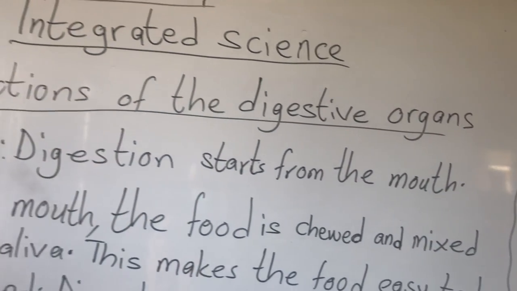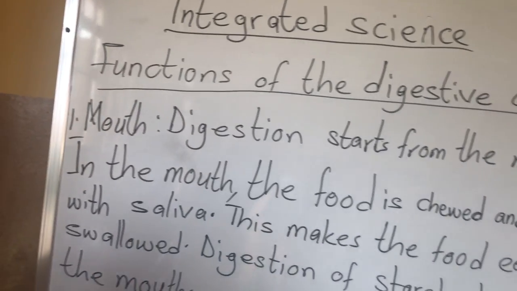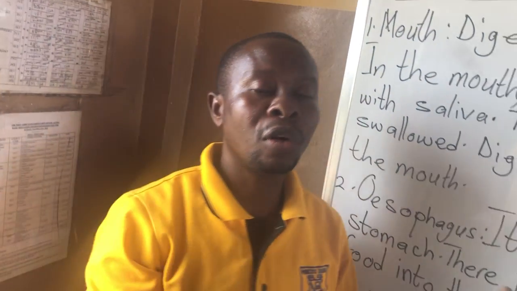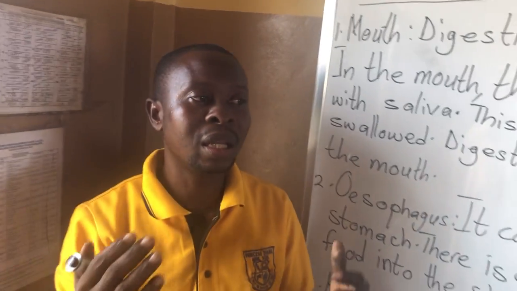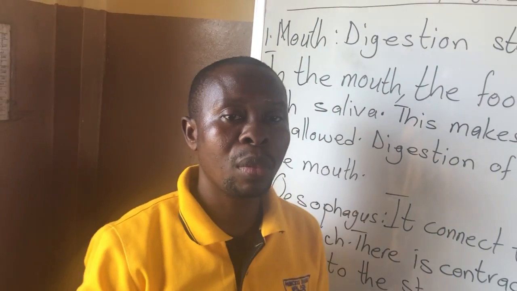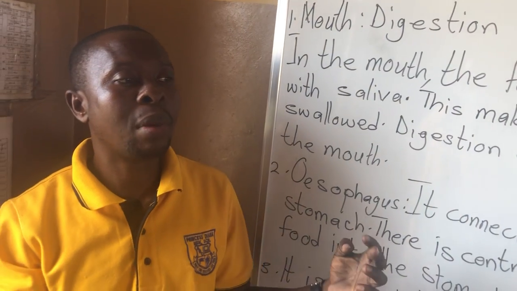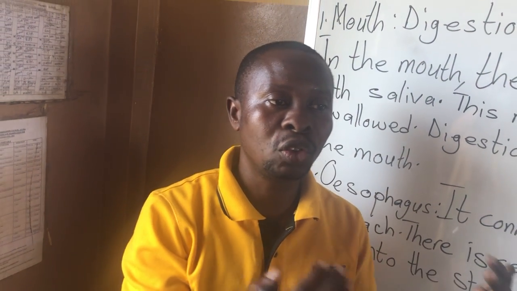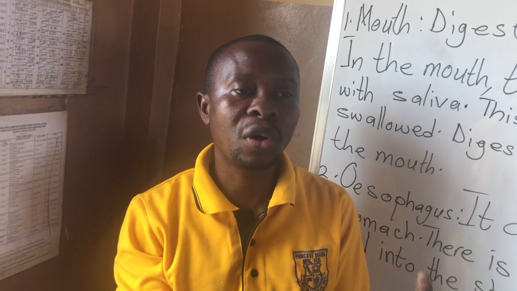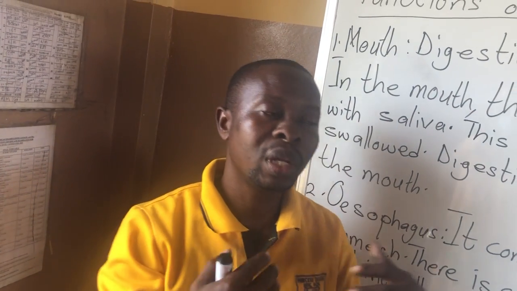In our previous lesson, we learned about digestion and the parts of the digestive system. We learned that digestion is the breaking down of food substances into smaller units for easy absorption into the body.